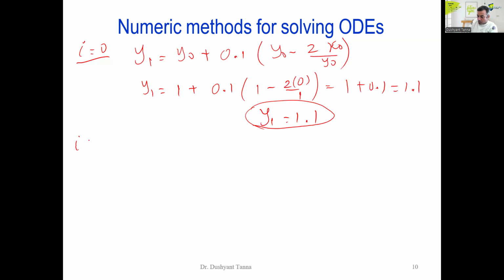Now we let i be equal to 1. What will you get? y2 is y1 plus 0.1 times (y1 minus 2x1 over y1).